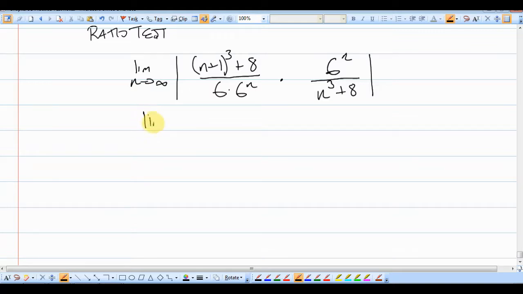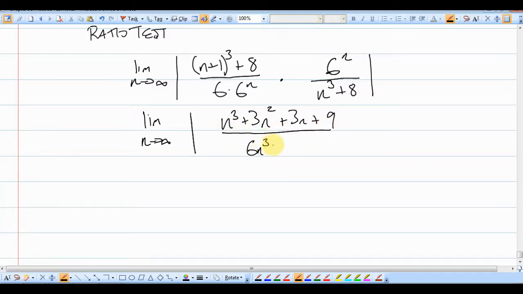That simplifies into, what is that? n cubed plus 3n squared plus 3n plus 9 over 6n cubed plus 6 times 8 is 48, right?